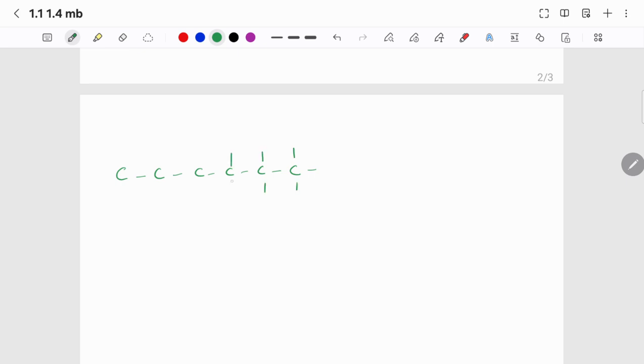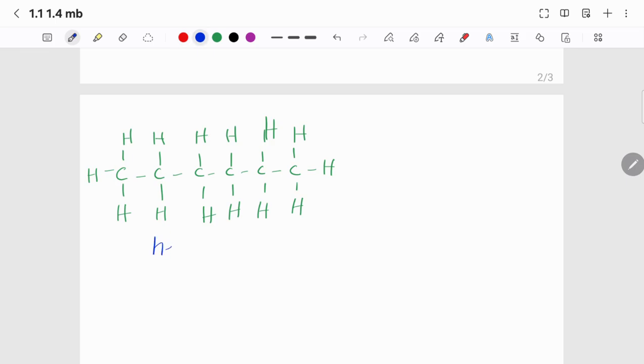I'm going to attach hydrogen atoms with it. So this is a larger molecule and its name is hexane.